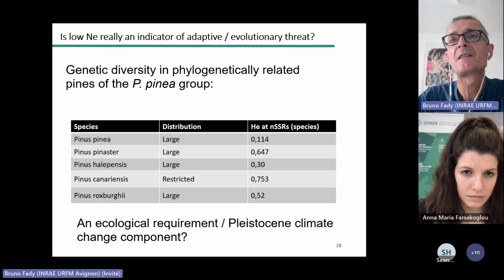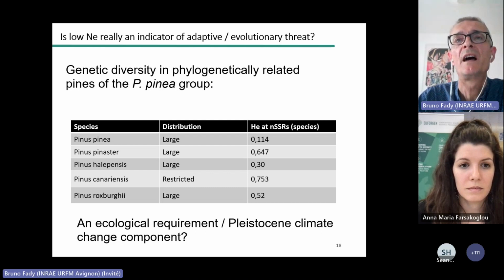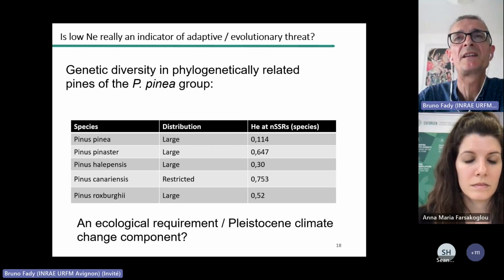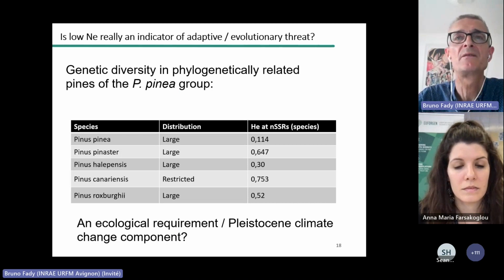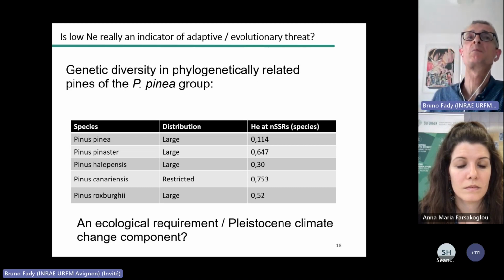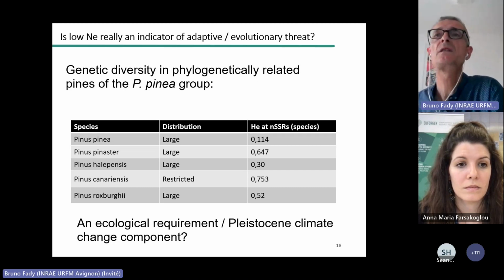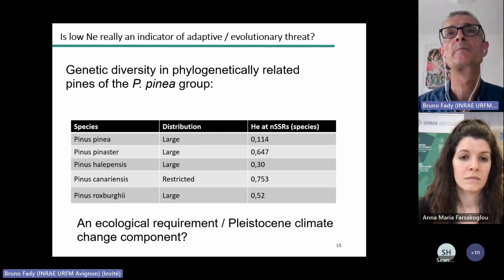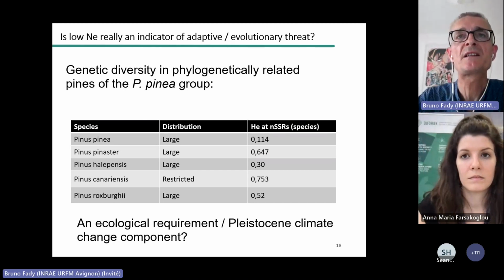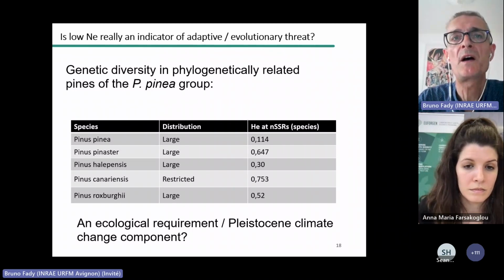And for the other ones, measured by nuclear microsatellites, you could say that the heterozygosity levels are not very high. And curiously enough, again, the most restricted pine of this group, Pinus canariensis, is actually the one with the highest diversity. So perhaps it has something to do with phylogenetics over a long period of time.